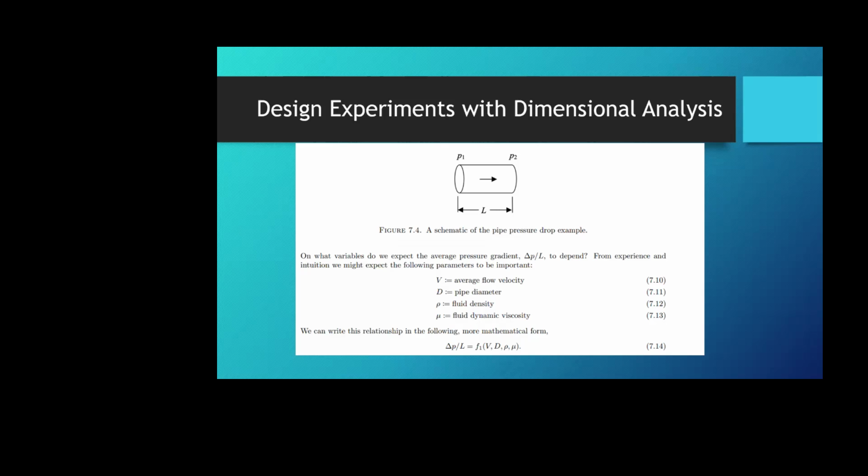So you want to find this delta P divided by L as a function of velocity, diameter, fluid density, and dynamic viscosity. And you have to design an experiment for knowing what's the dependence of these variables with respect to the other. What do you do?